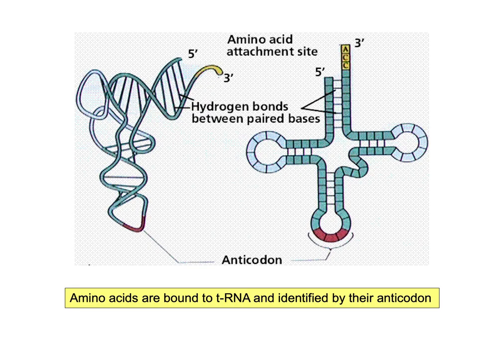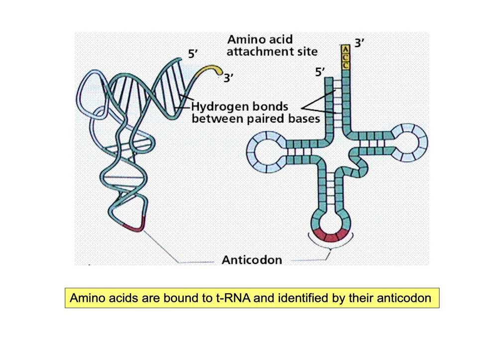You can see that at the top you have the ACC, which is the yellow side. Both the left and right are tRNA, but just in different schematics, different shapes, different points of view. The amino acids will be bound to the tRNA on the upper side, on the yellow side, and the anticodon, which is the reddish side, is the one that is going to be attached to the messenger RNA.